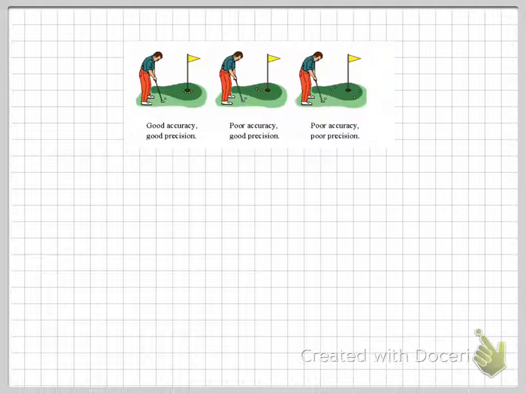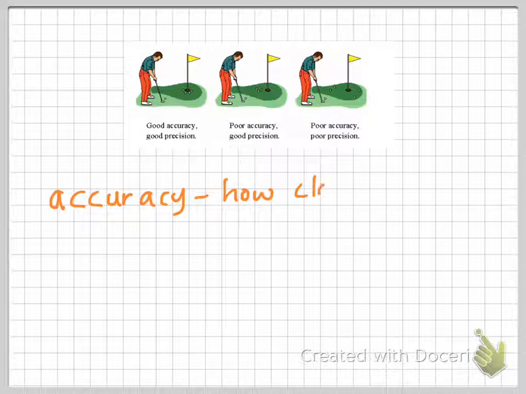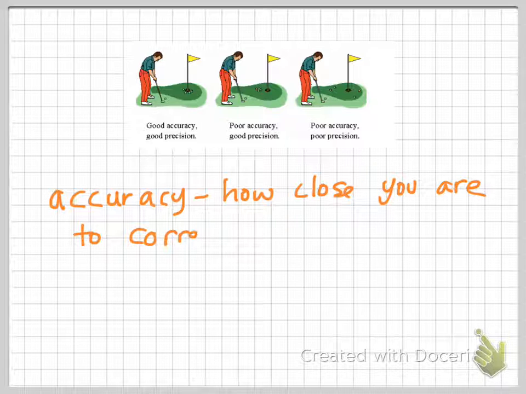One thing to know about accuracy versus precision: accuracy is how close you are to the correct value. If you look at the above picture, the golfer, to be accurate, needs to get the golf ball into the hole.